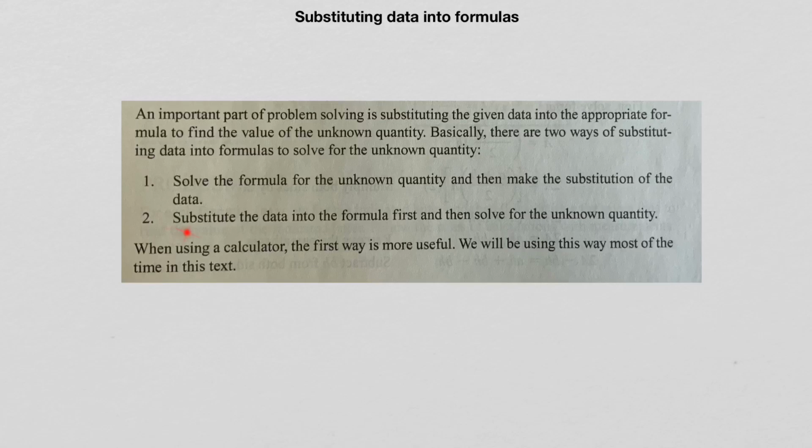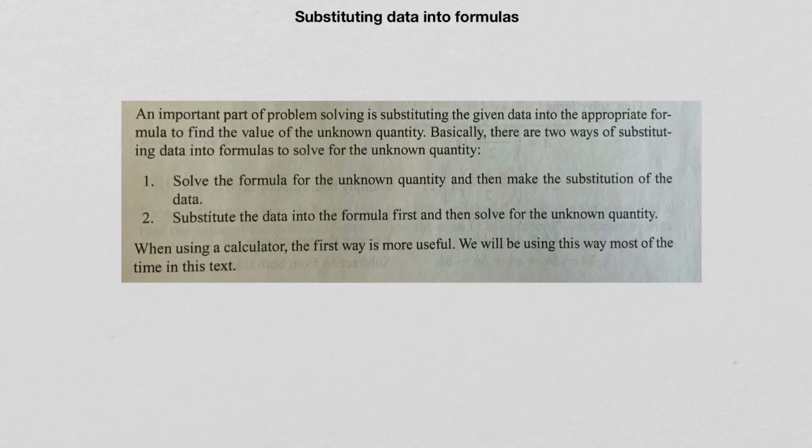That would be to substitute the data into the formula first and then solve for the unknown quantity. So in this course, in the textbook examples, and also the examples that I will show you throughout the various chapters, the way they do the examples is by solving the formula for the unknown quantity and then substituting the known data to find the answer to the problem.